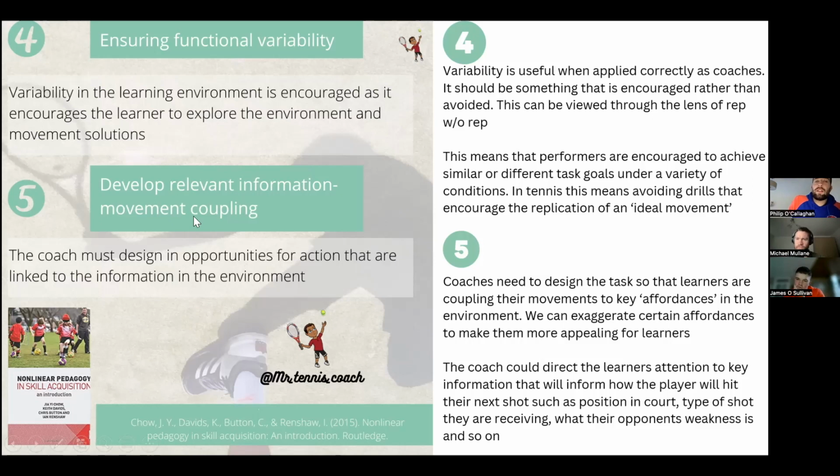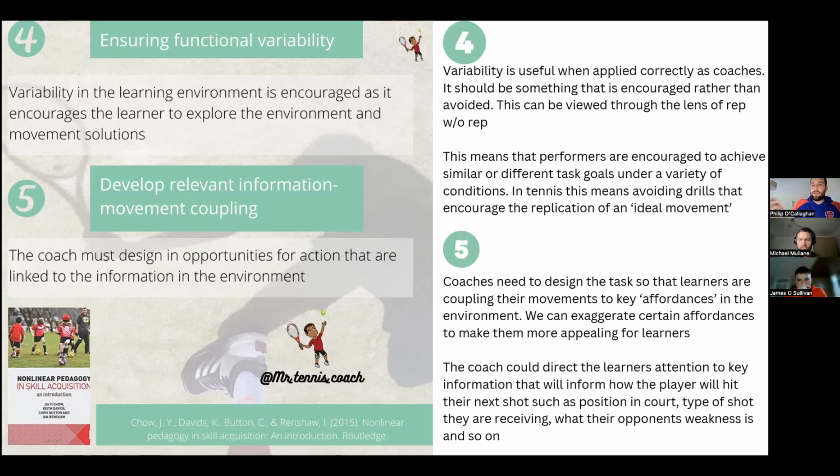The last one then is developing relevant information-movement coupling. We're going to try designing opportunities for action that are linked to the information. One of the concepts that we talked about was affordances. We're going to try to keep affordances in the environment, and encourage players to couple their movements to the affordances that are there.